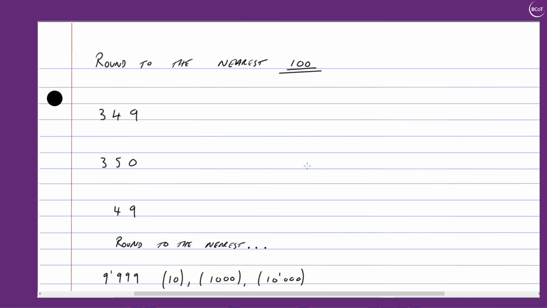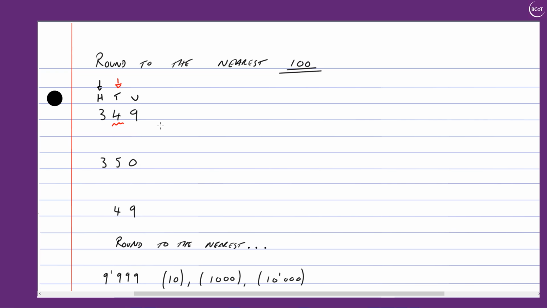We'll round these numbers to the nearest 100, so it's always worth writing what the columns are. So we've got the hundreds, tens and units. So if we're rounding to the nearest 100, which is this column, we look at the column to the right. So the number that we're comparing is 4.